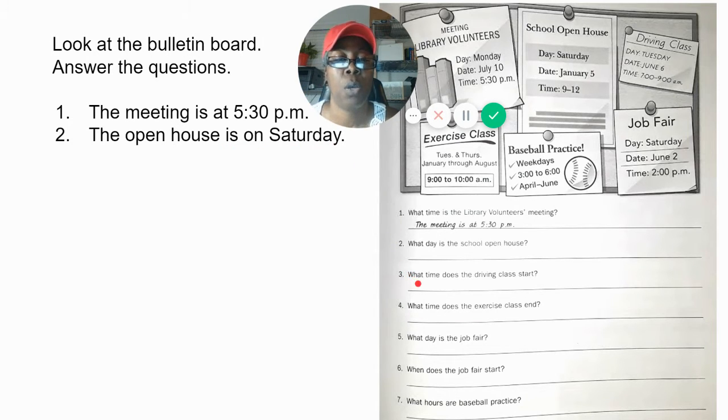Next question. What time does the driving class start? We find driving class, and we look at time, but it's asking for the time it starts.